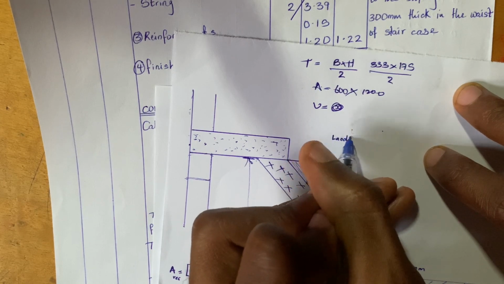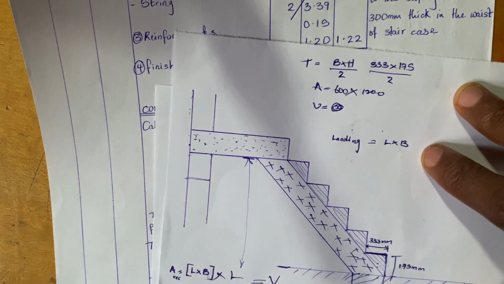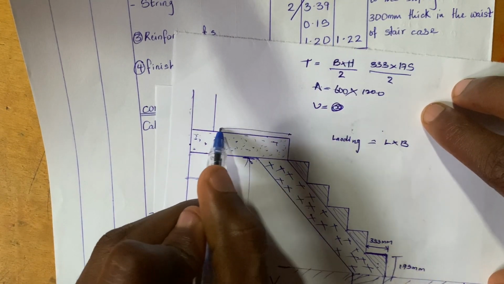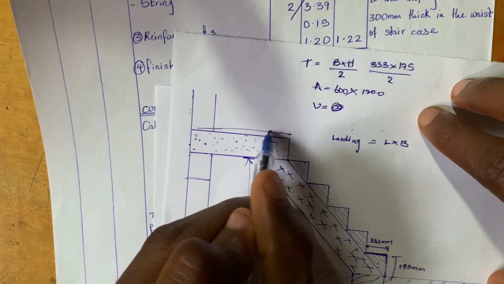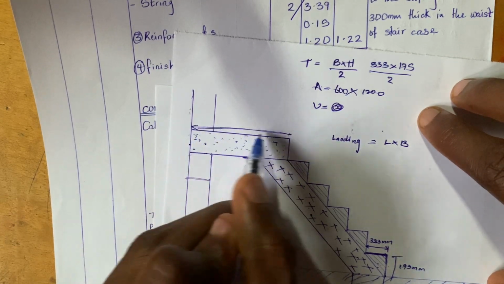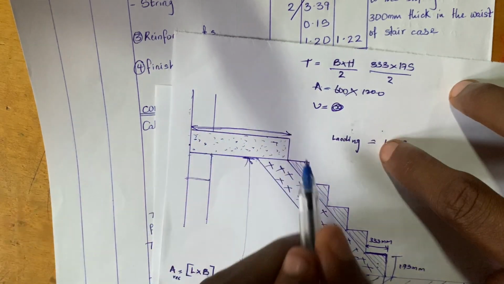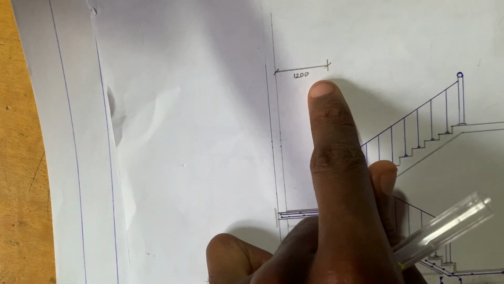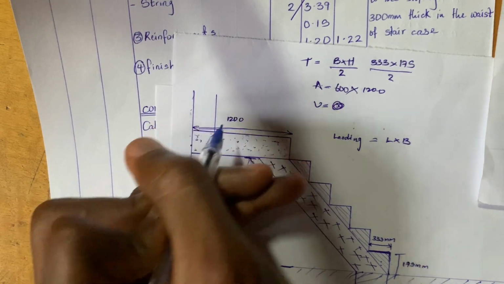Landing is equal to length times breadth. If from here down to here is the length of our landing, and that parameter in our section is giving us 1200, then that part will be 1200.